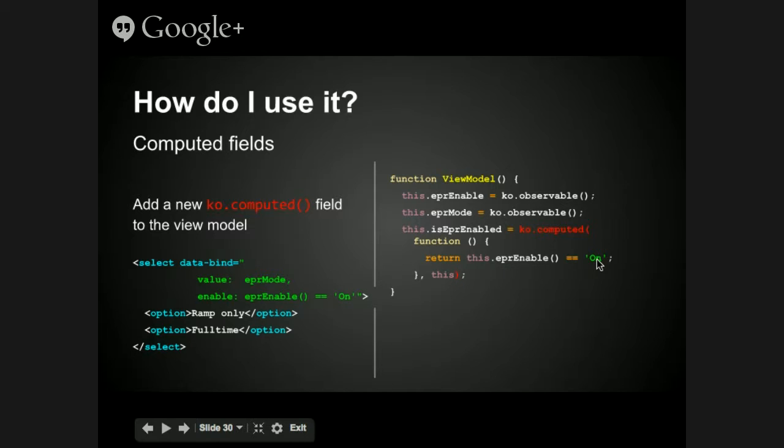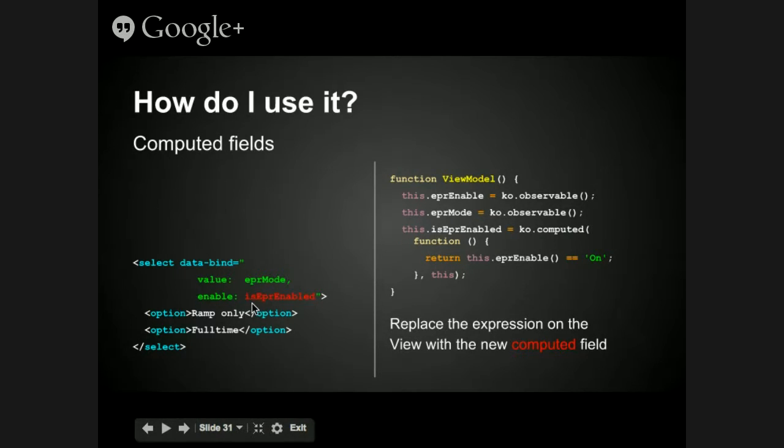If you'll notice, this is essentially the same code as in our expression. The second argument that I have here is the context of this in the body of the function. You don't necessarily have to specify it this way. You can also say var self equals this and use scope to keep track of your view model. Whatever makes the most sense to you for your programming standards, keep it that way.